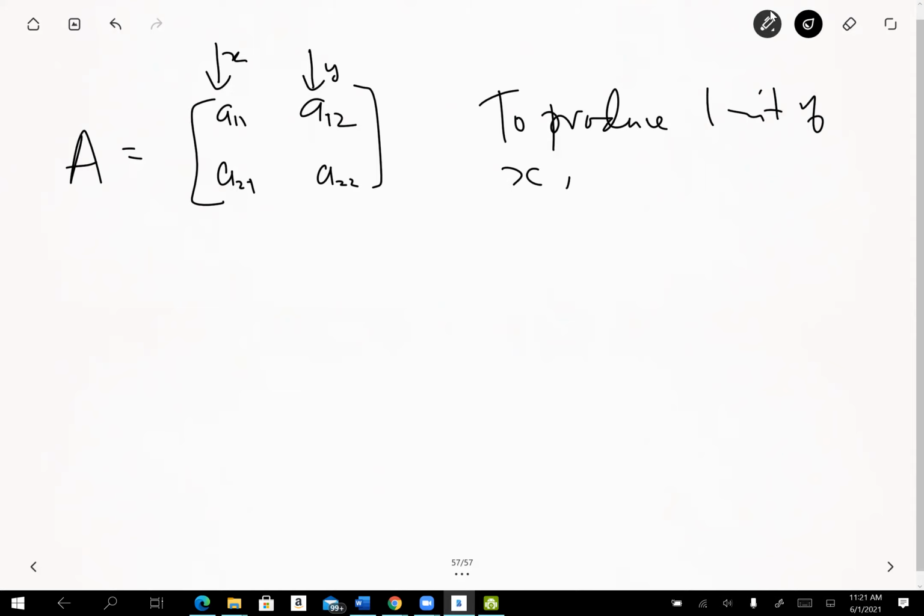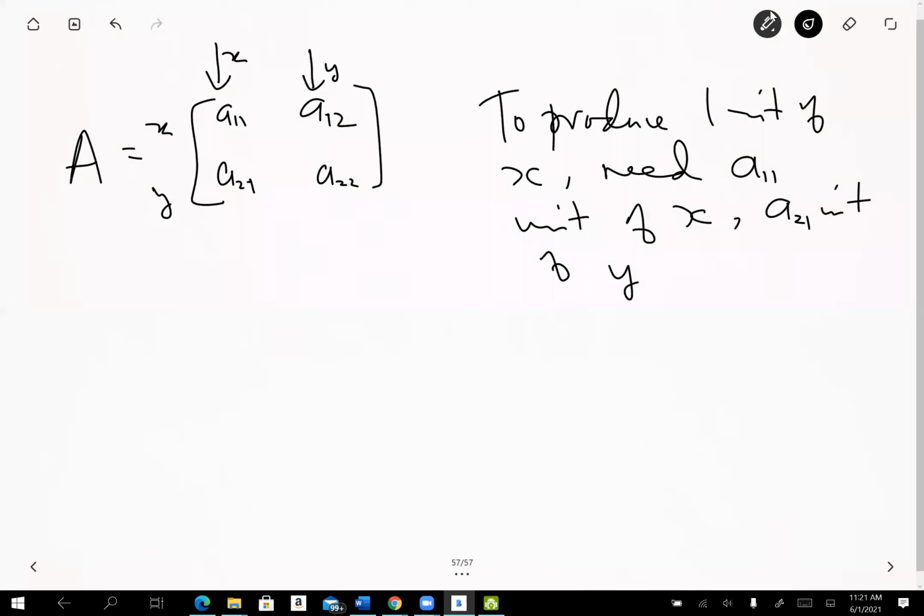To produce 1 unit of X, we need A11 unit of X, because here is also X and Y, and A21 unit of Y. So that's why you call it the input requirement.